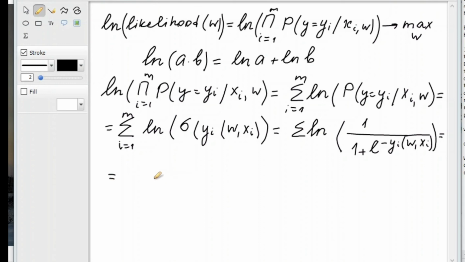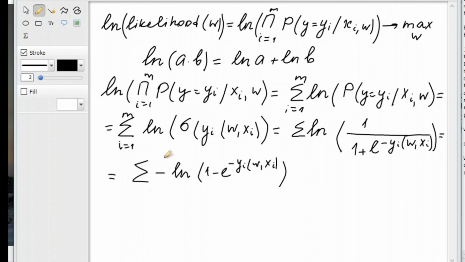Let's remember one more property of the logarithm. When we take the logarithm of a fraction, it can be rewritten as the logarithm of the numerator minus the logarithm of the denominator. The logarithm of 1 is equal to 0. That is why here we get minus the logarithm of the denominator.